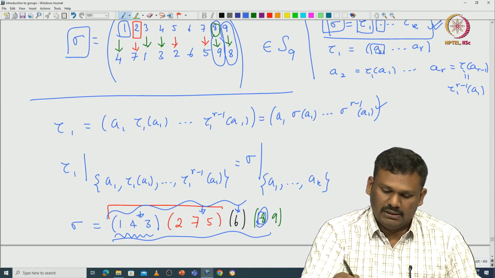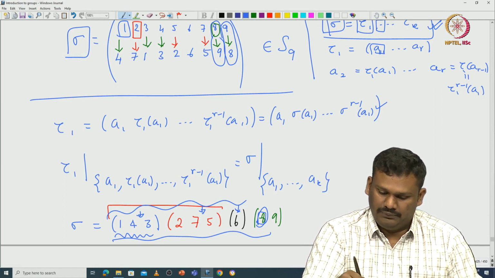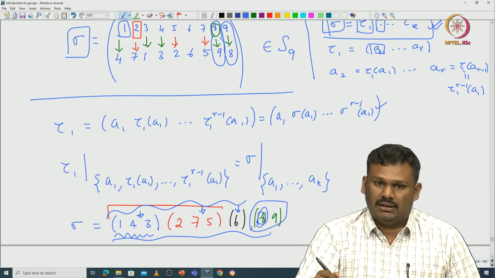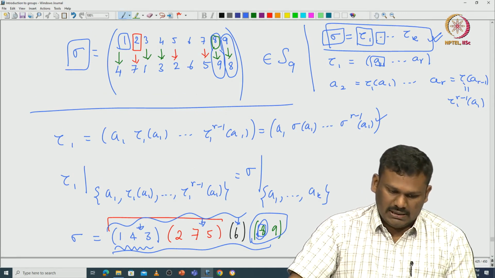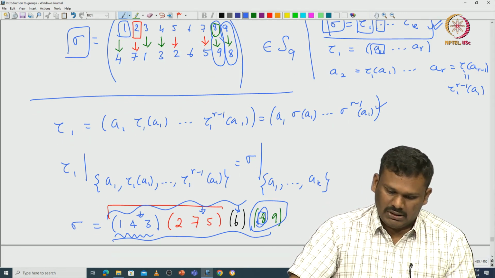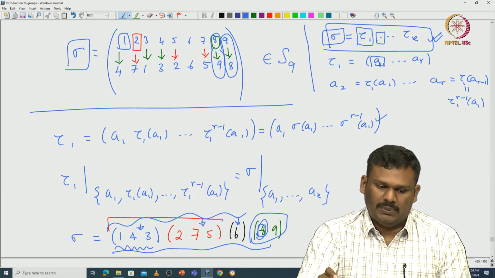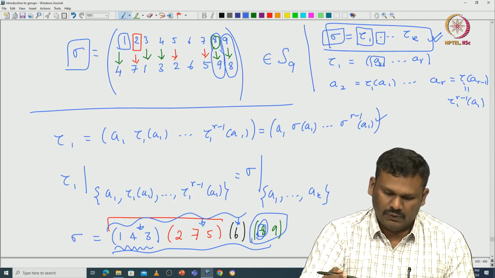So, the only effect is on 8 or 9, and that comes from this particular cycle at the end. So, this proves that you can write down this cyclic decomposition by looking at the images of some indices. Okay. So, how to make this more rigorous?